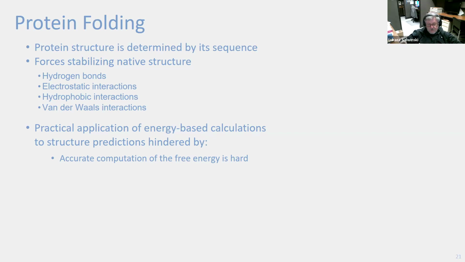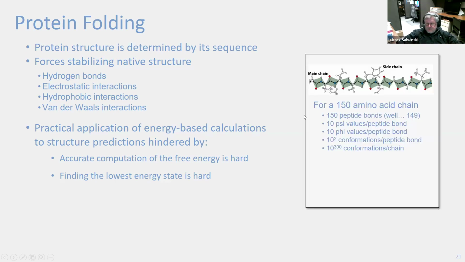The second problem is that finding it is hard because there are a lot of conformations to check. If we try to go blindly, let's say we just go after the shape, the conformation of the main chain, to do that we've got to know each psi and phi angle for each residue.